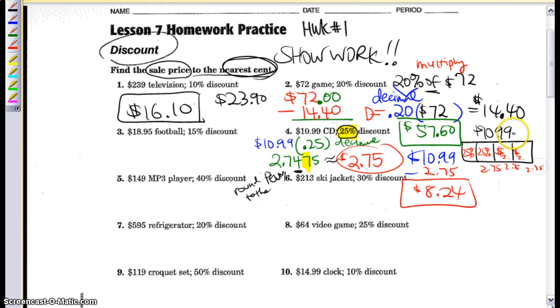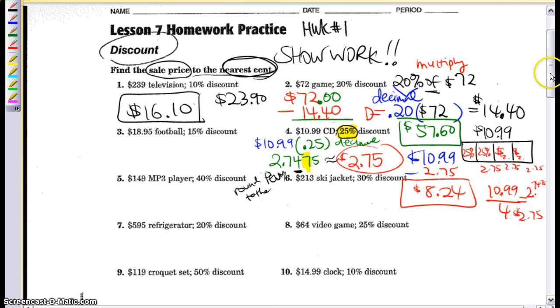So I could have taken $10.99 and divided it by 4 and still gotten 2.7475 and rounded that again to 2.75. So I could divide by 4 when I have a 25%, or I could do the decimal of 25% and multiply it with $10.99.